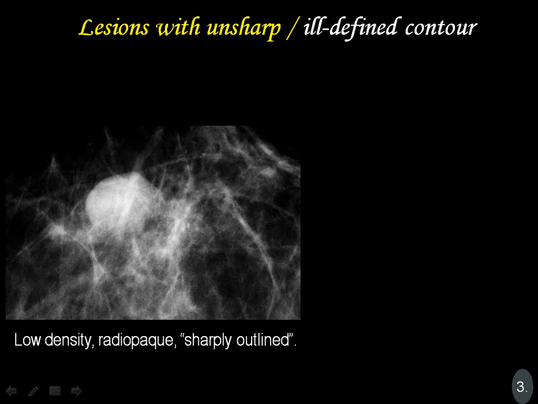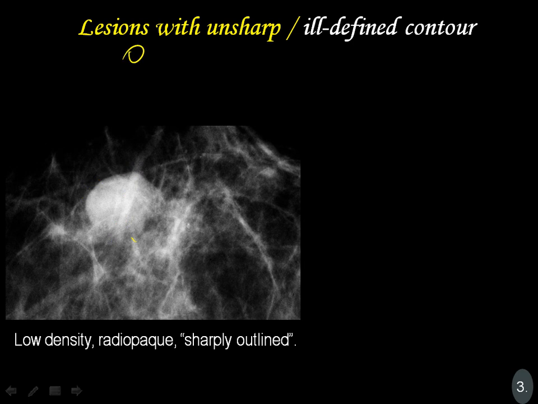Low-density radiopaque lesion may be partly sharply outlined, partly ill-defined, or superimposed by the surrounding fibroglandular tissue. It could be a cyst. It could be a fibroadenoma. It could be a larger papilloma, but it could be a cancer as well. Out of the cancers, I only think about either papillary carcinoma or mucinous carcinoma because we can see parenchymal element and vessels superimposed.